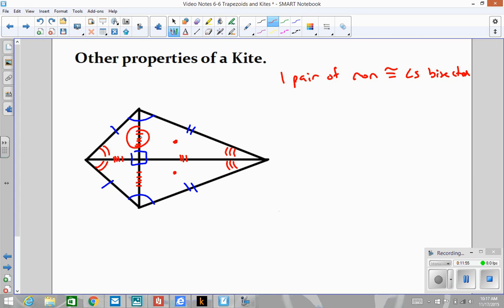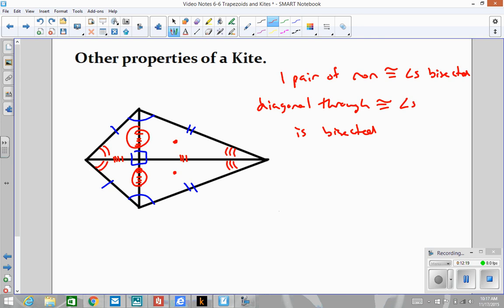So that means this diagonal and this diagonal are bisected. So that means the diagonal through the congruent angles is bisected. And that is all the properties you have of a kite.